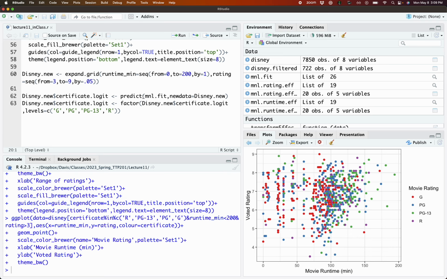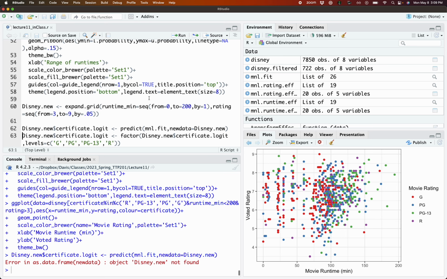So in fact, I could map this entire region based off of my model and predict outcomes based on what the highest probability outcome is for any given point along this map, right? And so that's what I'm doing here.